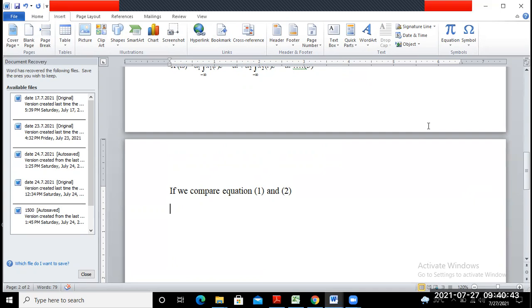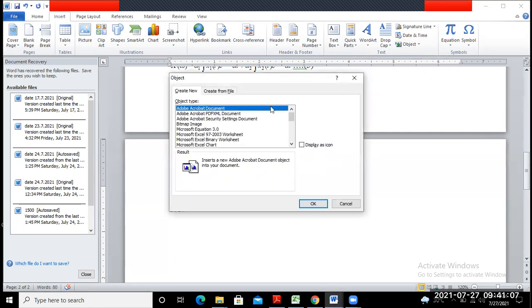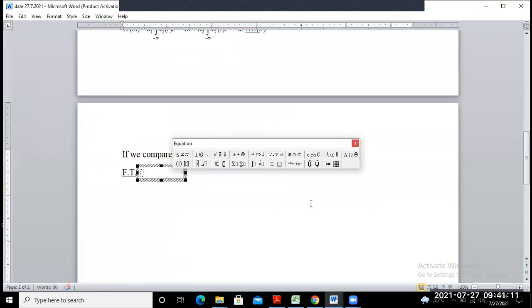So you may write here the Fourier transform of a1 x1t plus a2 x2t.